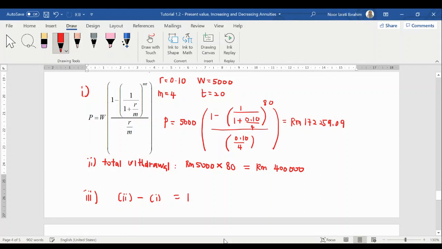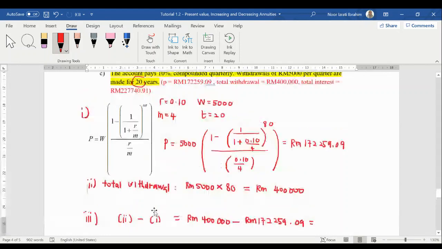So that means 400,000 minus present value 172,259 ringgit 9 cents. This is the answer: 227,740 ringgit 91 cents.